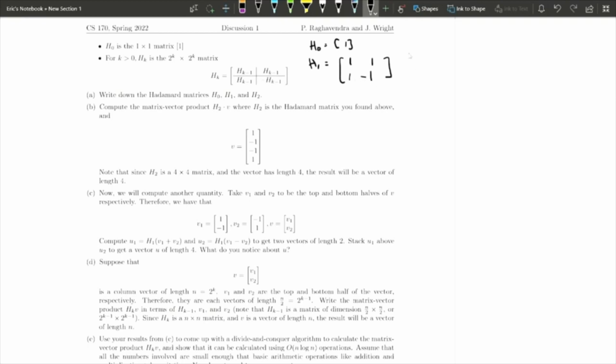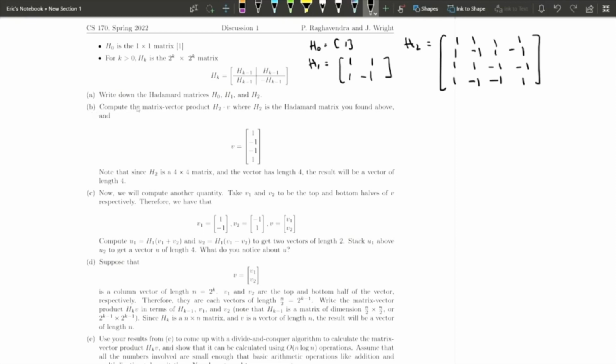So that's H1. H2 is, let's take a look at this. Okay, so this is H2. That was question 3a. Basically, we just take a look at these little quadrants and then apply the recursive definition of the matrix.